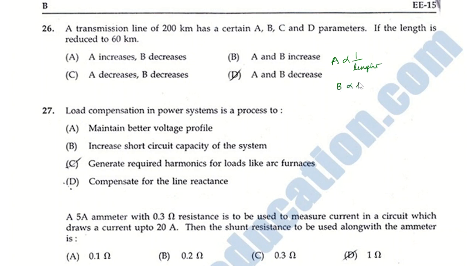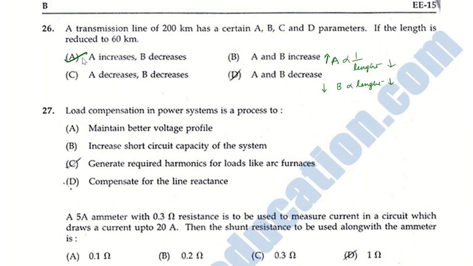If the length is decreased, A will automatically increase, and B will decrease. So the answer is A will increase, B will decrease. Answer A will be the right answer here.